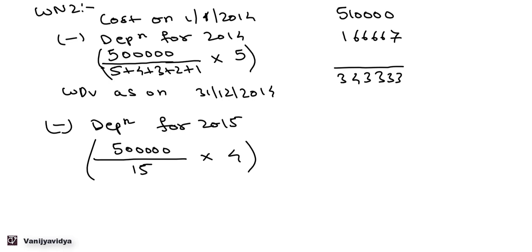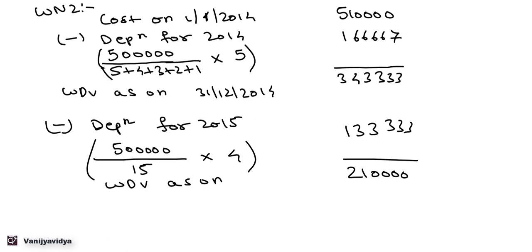So this amount is 1,33,333. So this is 2,10,000. This is WDV as on 31st December 2015.